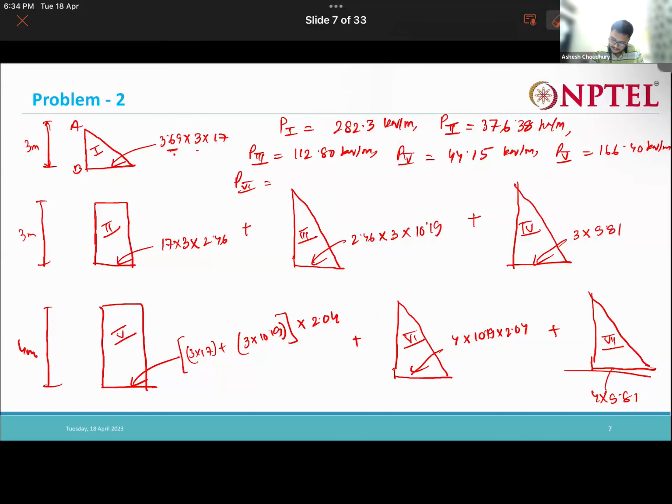That is 665. Then 6 into half into 4 into 10.19 into 2.04 into 4. So it's only 166.3. Last, P7 is 78.48.